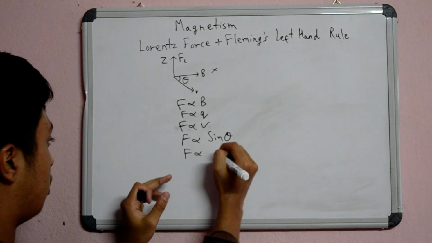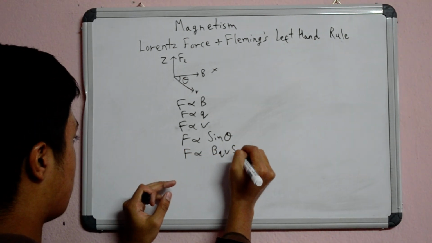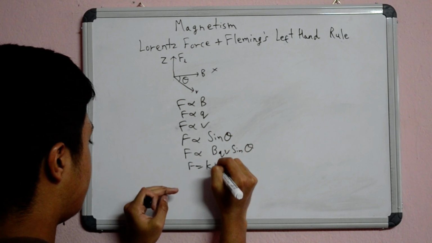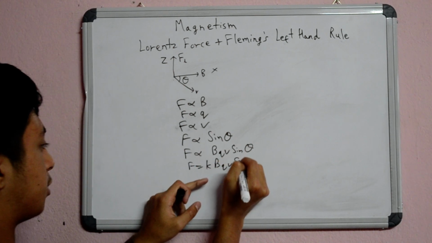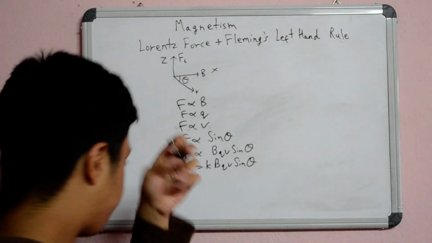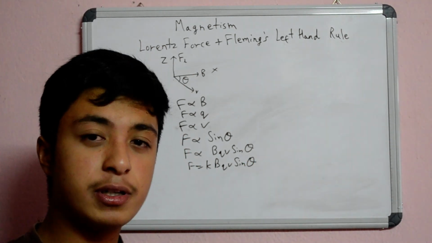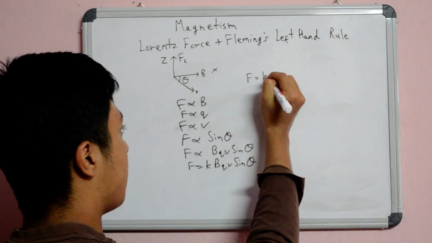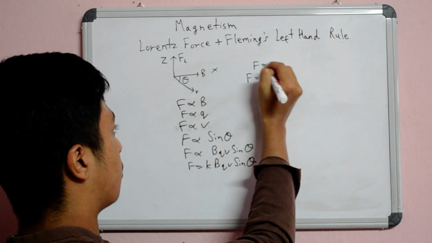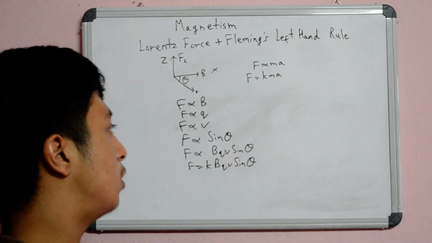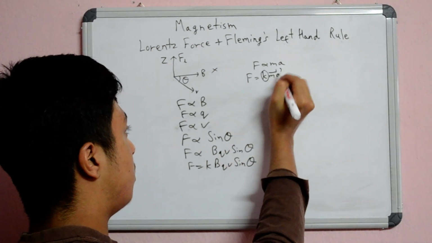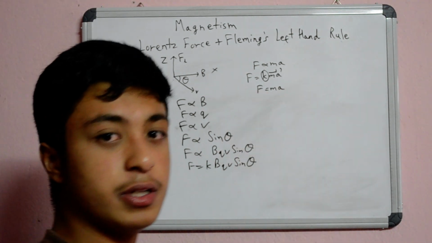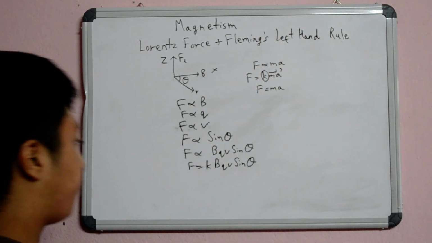So combining all, we get F is equal to K BQV sine theta, where of course K is the proportionality constant. Now, if you remember in Newton's second law of motion, where F is equal to Kma, because F is directly proportional to ma, this K was chosen or found to be 1, so we got F equals ma, a very well known equation.